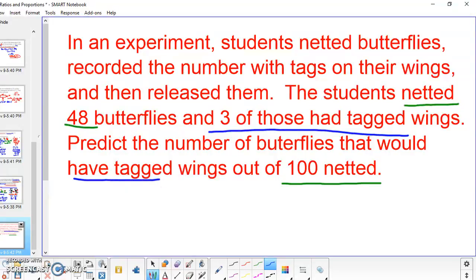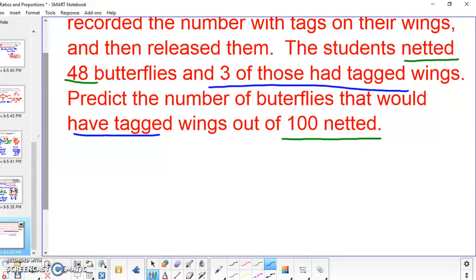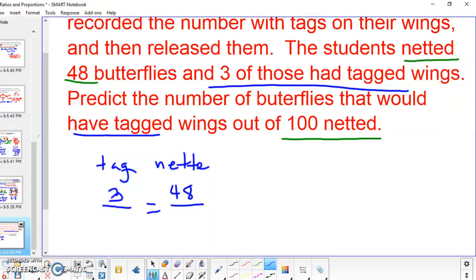So we're comparing the tagged with the netted. So of the total of them they put in their net, how many have tags on them? Of that first group, we had 3 that had tags out of the 48 that were netted. And we want to know how many have tags of the 100 that they're going to net.